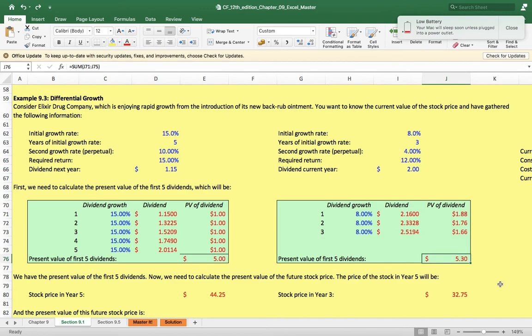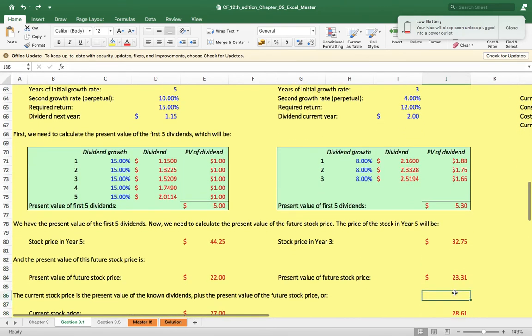Now the second part of the formula is D1 over R minus G. That is equal to 2.5193 multiplied by 1 plus growth 2, divided by R minus G. R is 12% minus G is 4%, 32.75. Now calculate the present value of that stock.